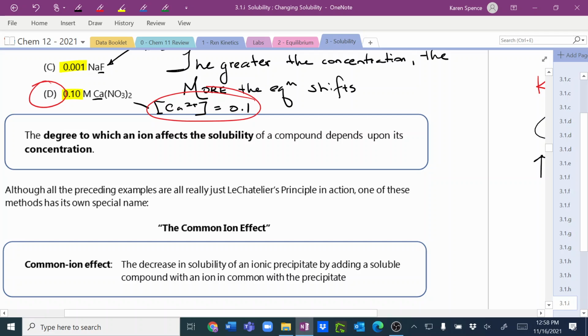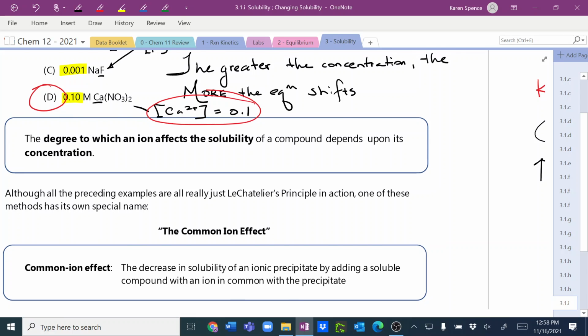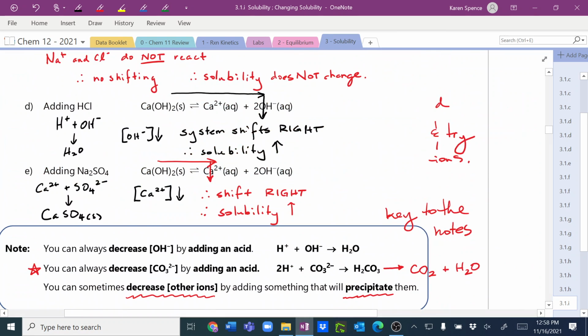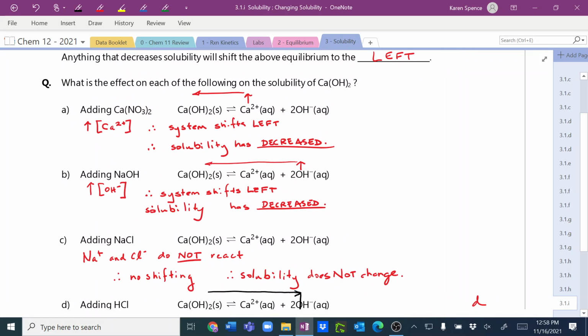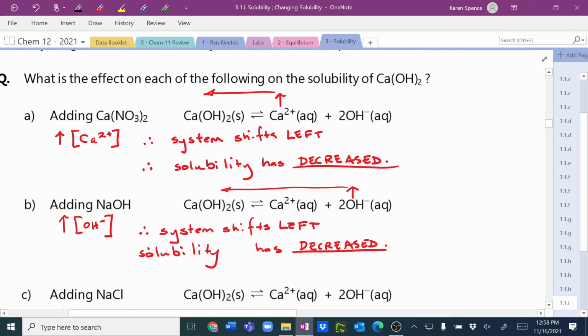The common ion effect. I actually wish I didn't have to teach this as a concept with a name because we have already done the common ion effect. We go back here and we look at calcium hydroxide. Calcium hydroxide makes calcium ions, yes? If we add a substance that also contains calcium ions, that means these two substances have calcium in common.